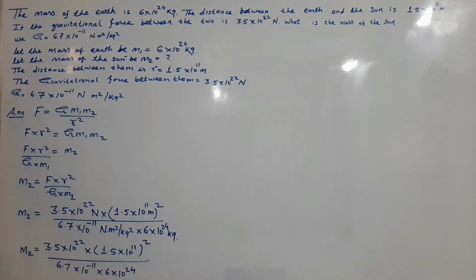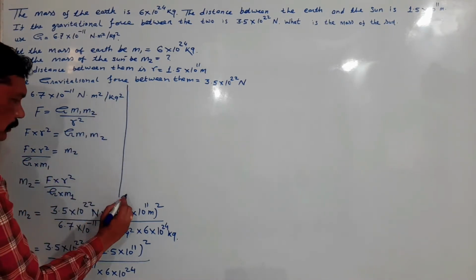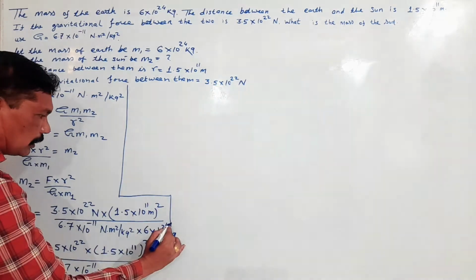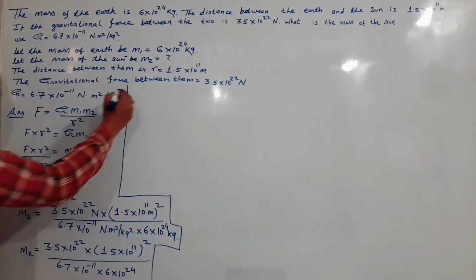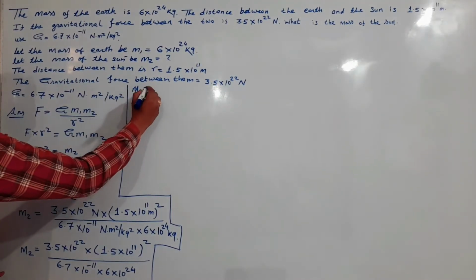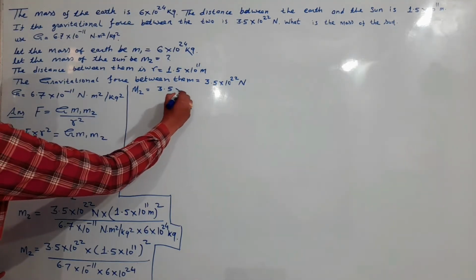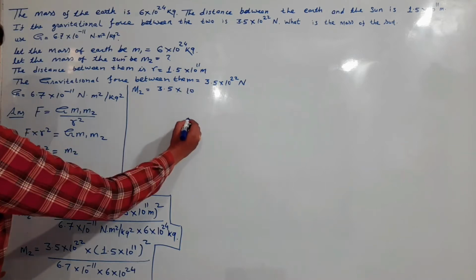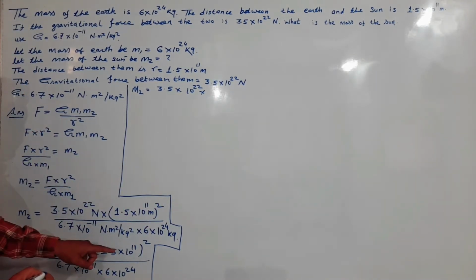My dear student, now all the values are put in the formula and now let's start solving the problem. m2 is equal to 3.5 into 10 to the power 22 into 1.5 into 10 to the power 11 square.